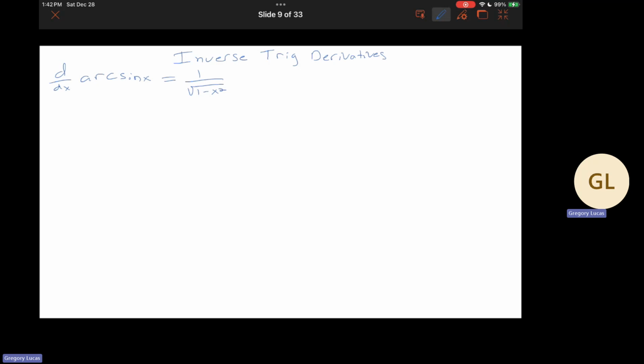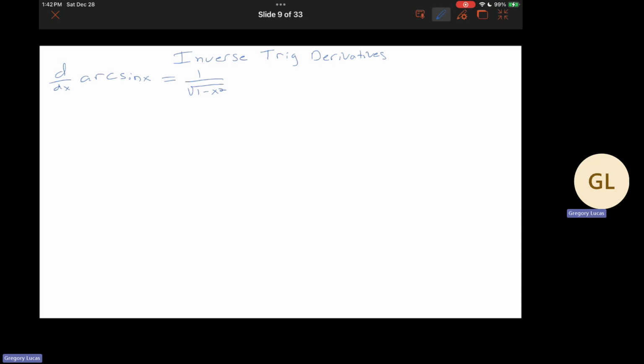And remember, arc sine is our inverse of sine. So you could also write this as sine to the minus 1 of x. So that's the same thing. Throughout the lesson, I wrote it all as arc sine, arc cosine, all of the other functions, but you can write it as sine inverse as well. Same thing. Okay.